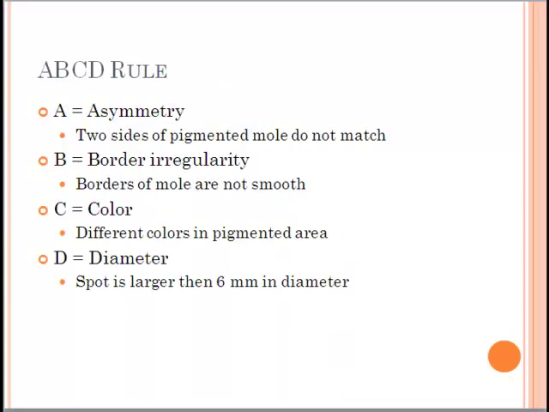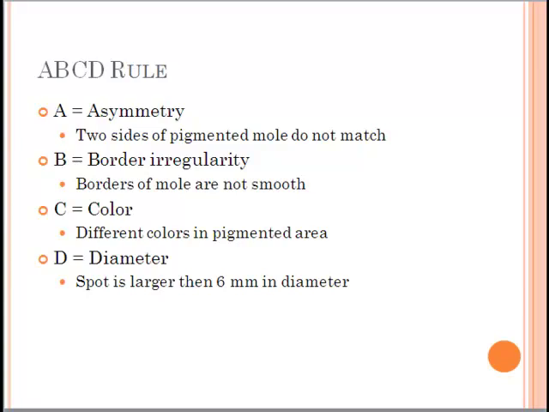Third, color. If the pigmented area of the mole is a uniform color, probably okay. If you have all these different colors, dark and light in your mole, then that may be cancerous as well. And then finally, diameter. If it's getting bigger than 6 millimeters, then it may be cancerous. If it's growing, it may be cancerous.